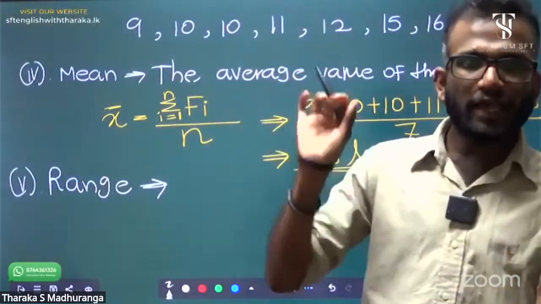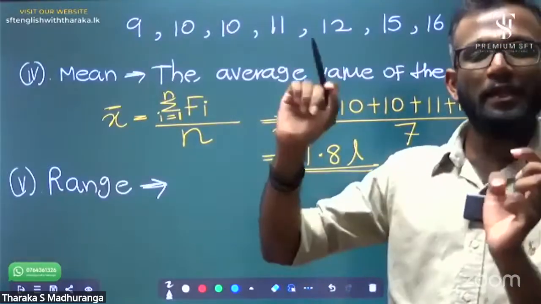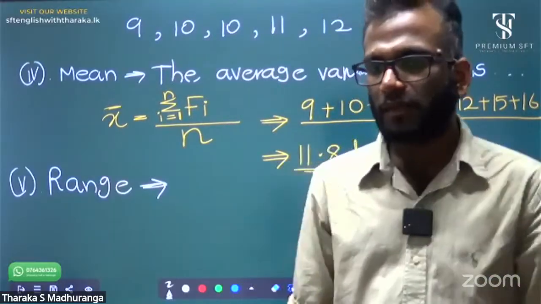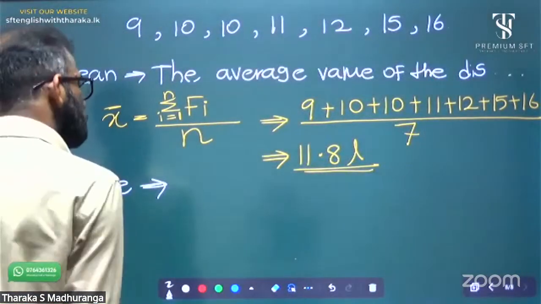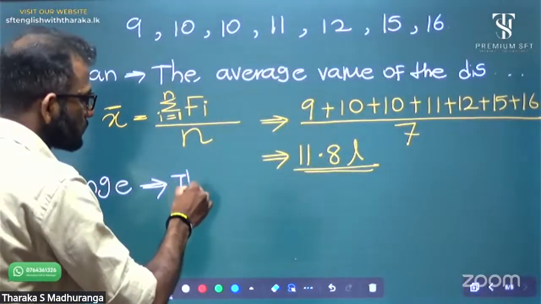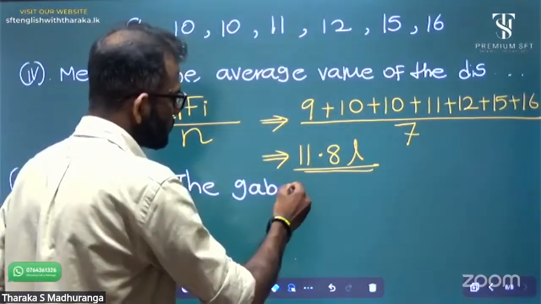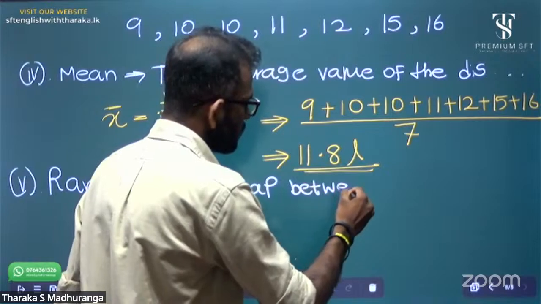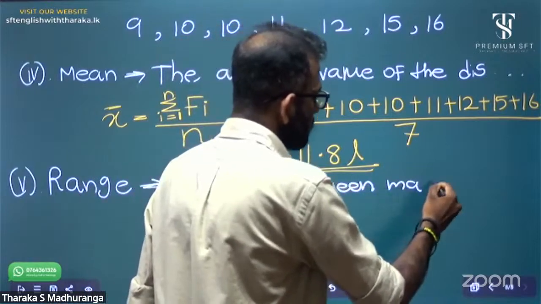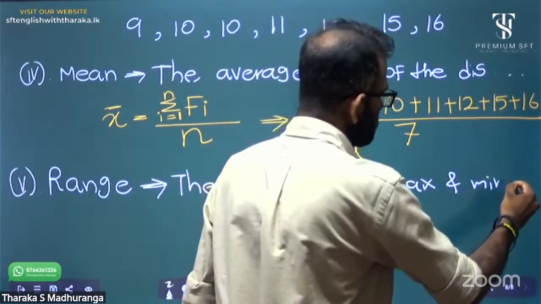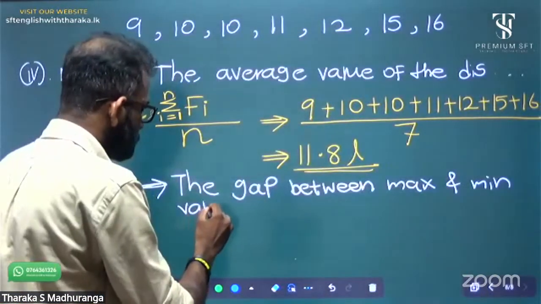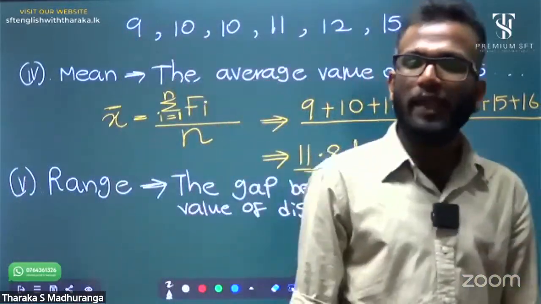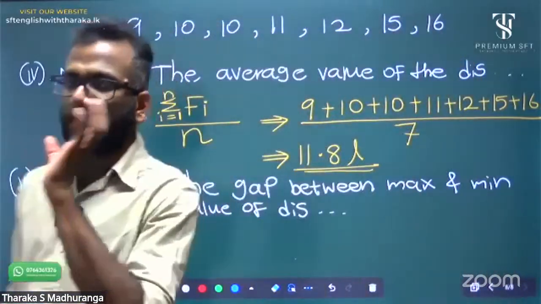Remember, write down the definition: the gap between the maximum and minimum value of the distribution we called as the range.